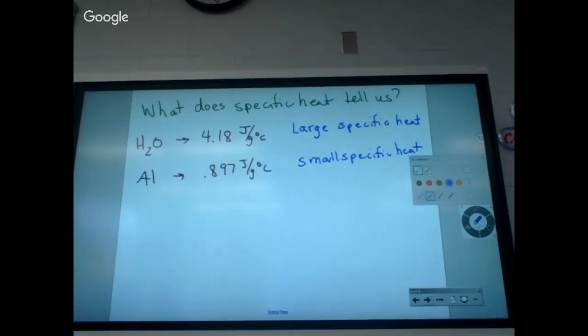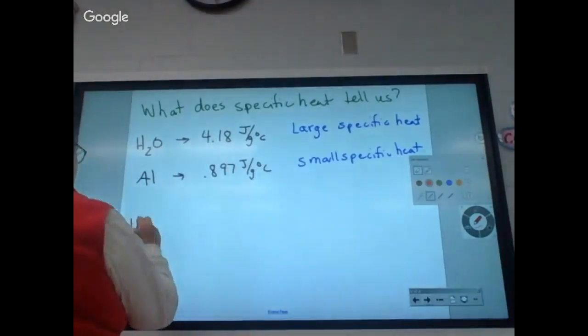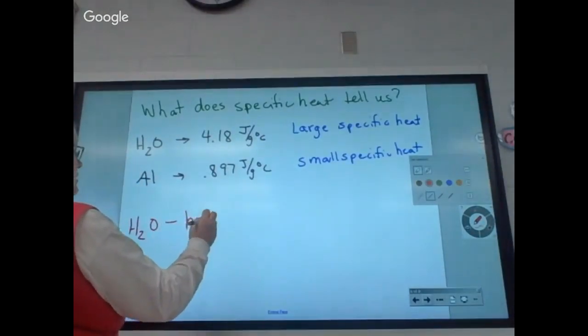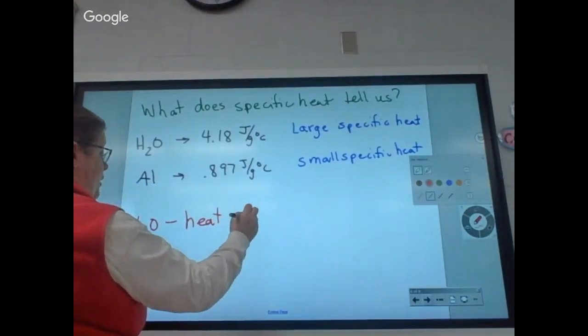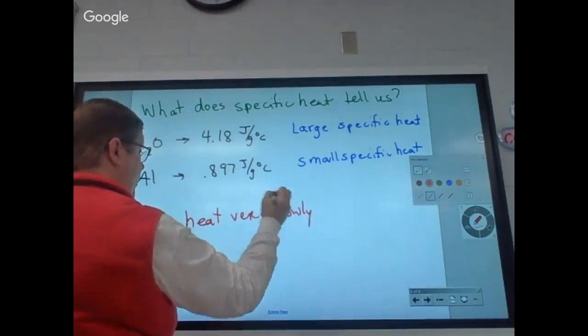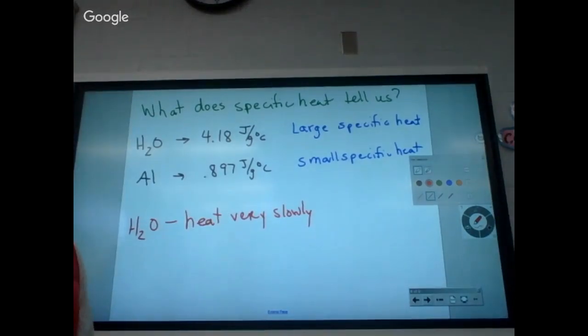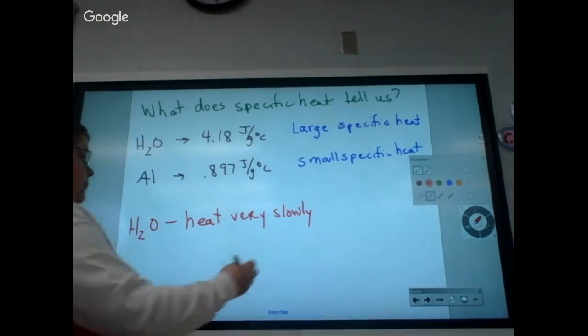Okay, the water heats very slowly. You ever stayed in front of the stove waiting? It heats slowly. What about cooling? Does it cool fast or cool slowly? It cools slowly.